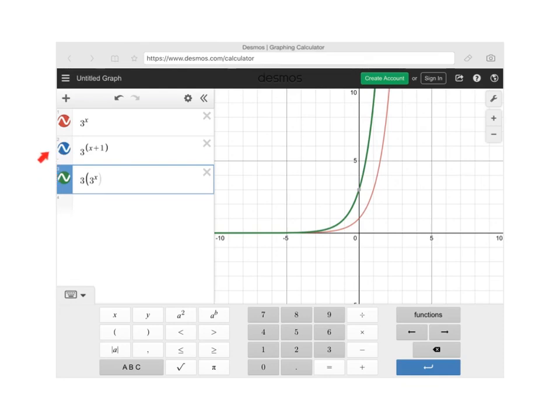So from the red graph to the blue graph, it shifted a little bit to the left, or we can say that the red graph had a vertical stretch by 3, and they end up getting the same graph. So shifting left by 1 of 3 to the x is equivalent to vertical stretching by 3 of the base graph. These are equivalent transformations.